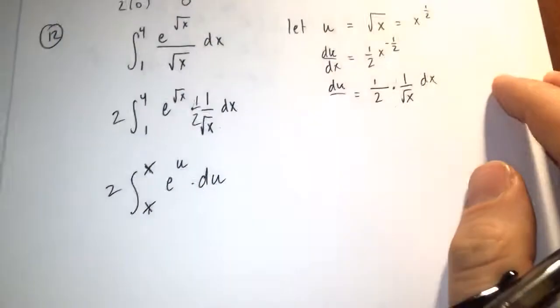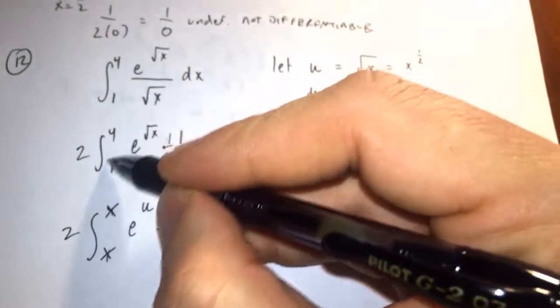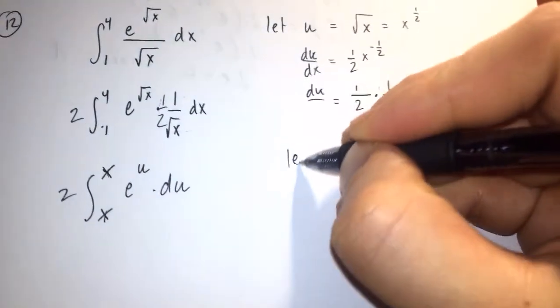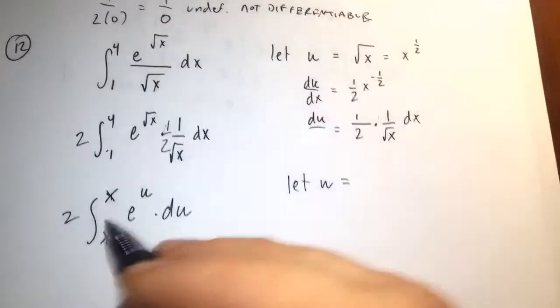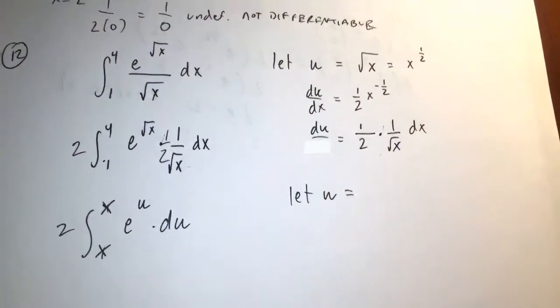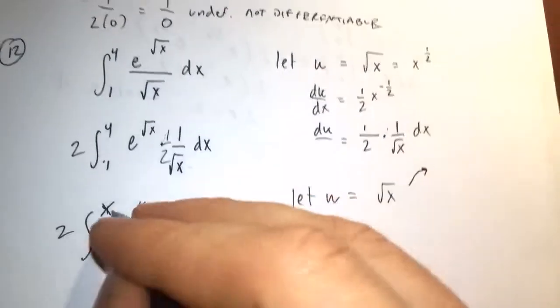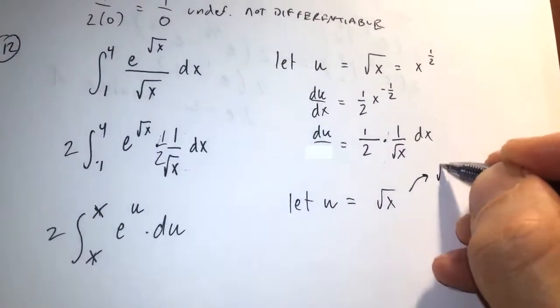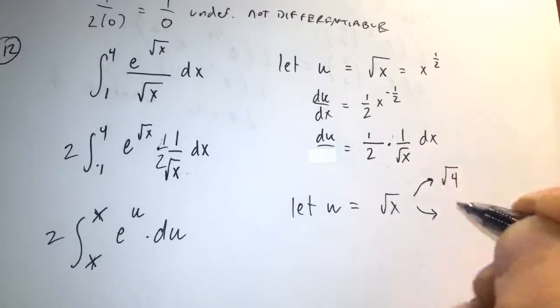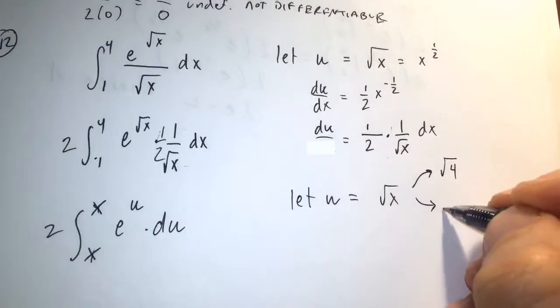Now, unfortunately, we have to change our boundaries. How we do that is, if the original ones were 4 and 1, since we're doing it in terms of u now, we're going to go back to our square root of x, and plug in the top boundary of 4. So you have square root of 4. And then we plug in our bottom boundary of 1.